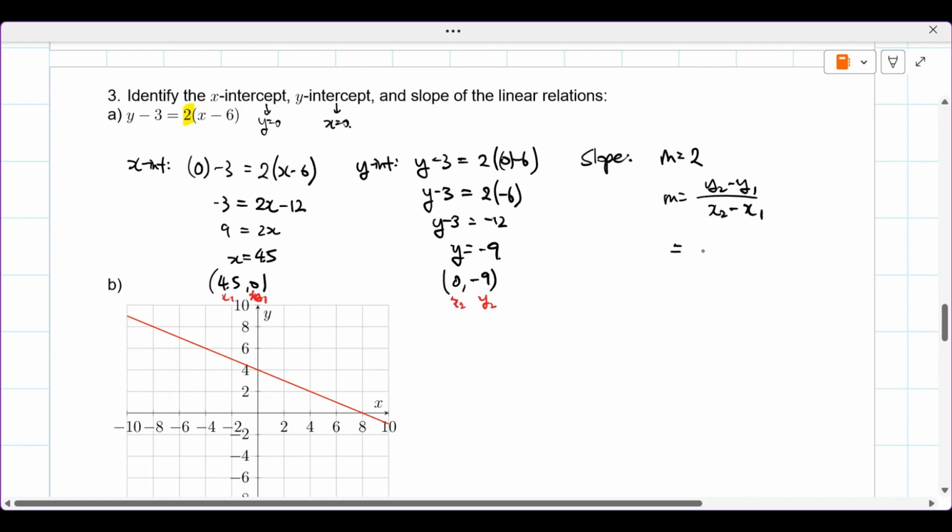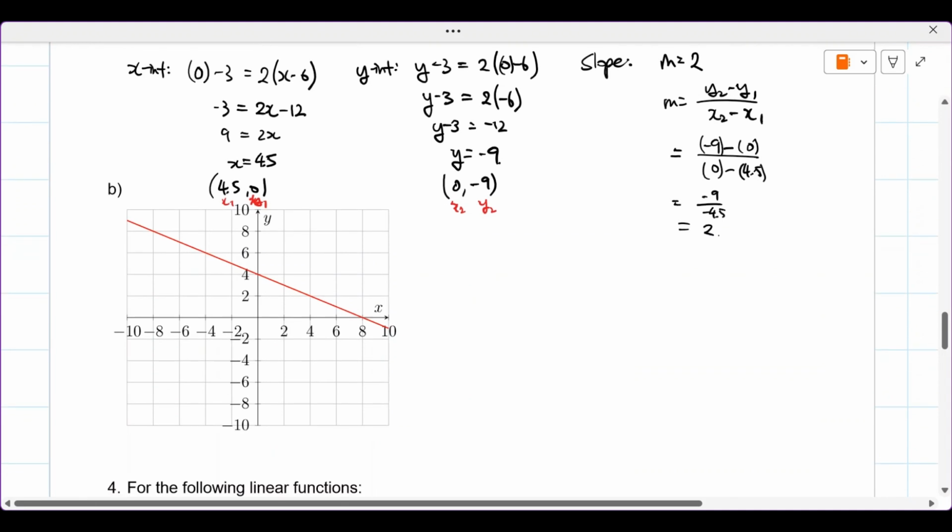Y2 in this case is negative 9. Y1 is 0. X2 is 0, and x1 is 4.5. So you plug it in, negative 9 divided by negative 4.5, and the answer is positive 2. So you can use the slope formula like this.